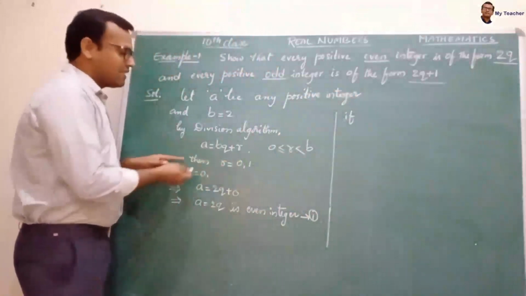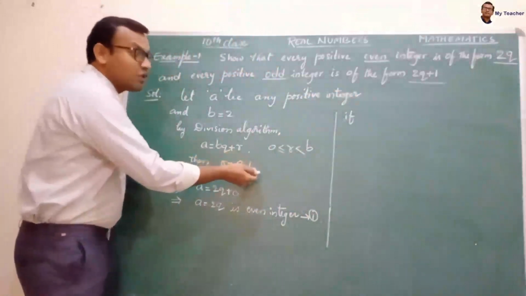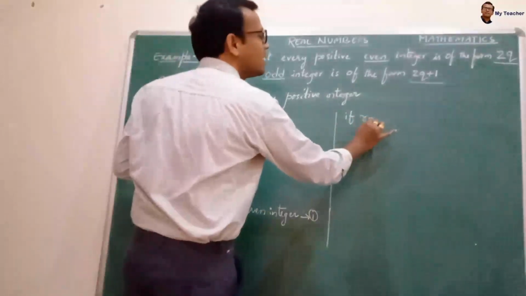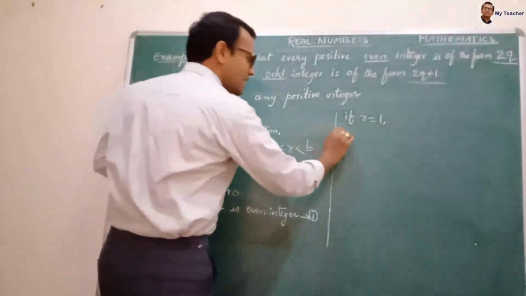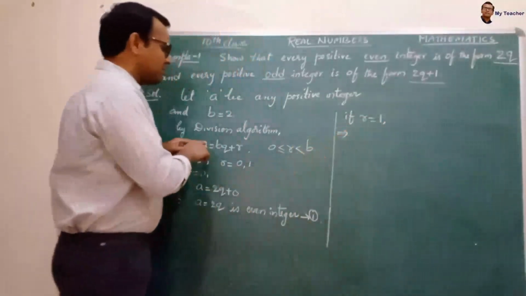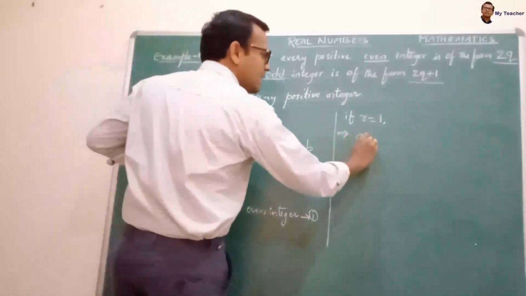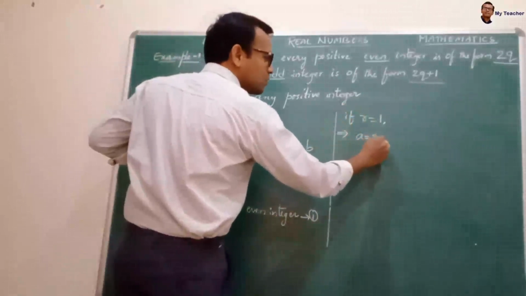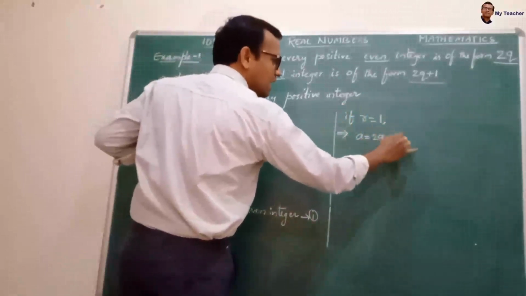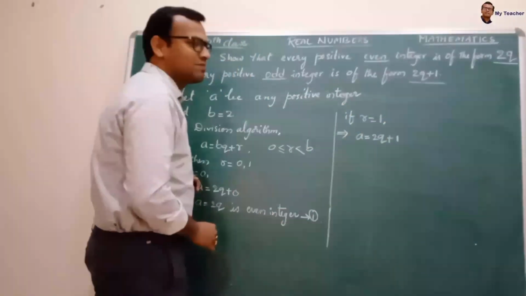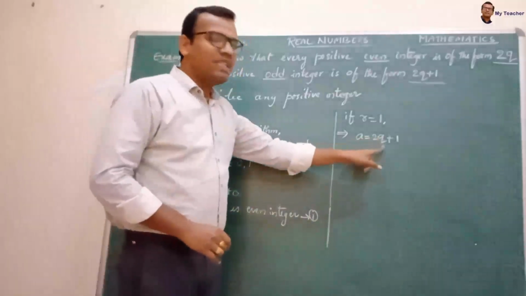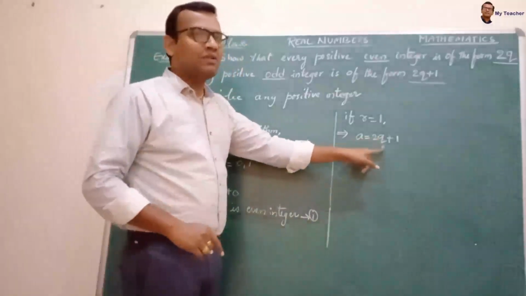In the second case, we are taking r value as 1. If r is equal to 1, then by division algorithm, a is equal to bq plus r. A is equal to b value 2q plus r, r value is 1. Here, is this completely divisible by 2?